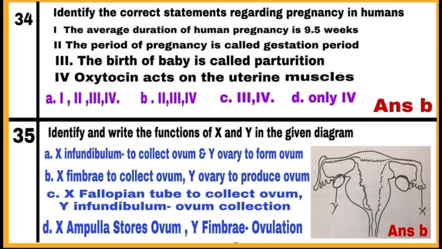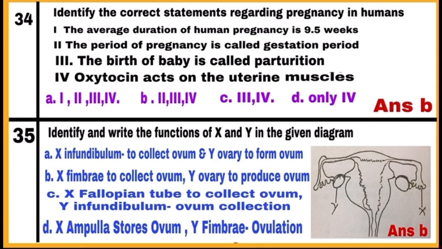This is true. Statement 3. The birth of baby is called parturition and oxytocin acts on the uterine muscles. These 2 statements are also correct. So, statements 2, 3 and 4 are correct regarding pregnancy in humans. So, here mark B as a correct answer.